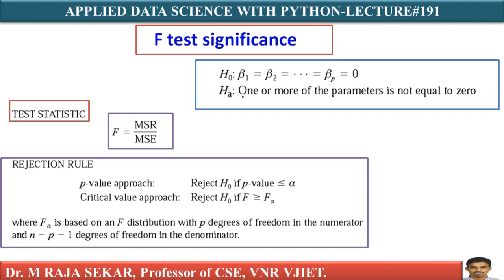So how to find the F statistic? The F statistic is MSR by MSE. MSR means mean regression sum of squares, isn't it? What is MSE? Mean error sum of squares. How can I get this MSR value? My MSR equals SSR by degrees of freedom.